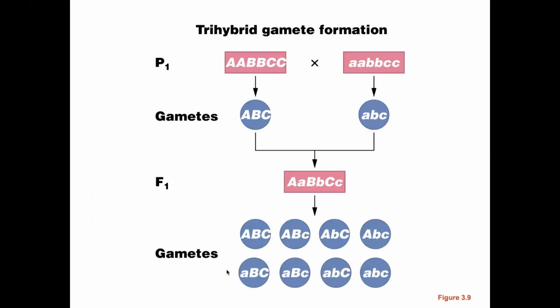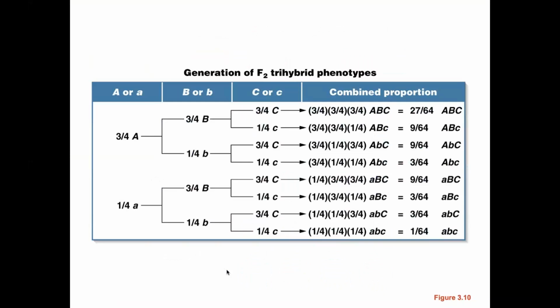The alternative is what we call a branch diagram, and I referred to this in a previous lecture. The idea is that as long as you have independent assortment, you can apply the product law of probability within this analysis that we call a branch diagram. For our particular example, if you look at each gene individually, in other words, analyze the outcome of the cross in that F2 population for each gene individually, what would we predict phenotypically?